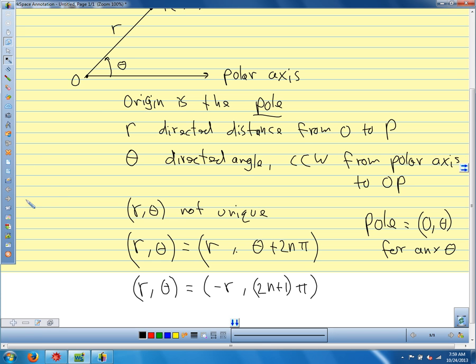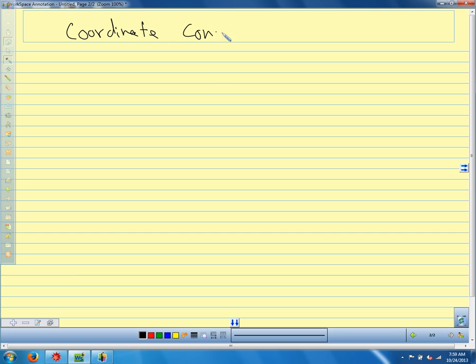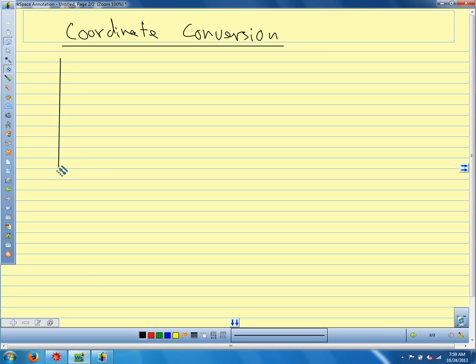All right, so let's look at how we convert coordinates. Again, we've seen this all before, so it should be review. So let me draw our axes, and we'll set up how we do our conversion.